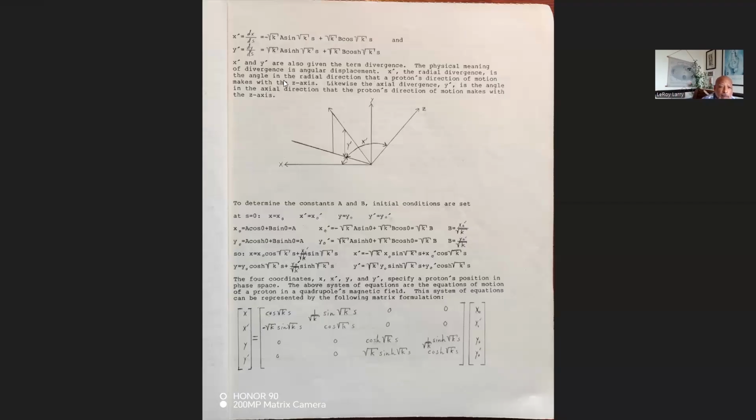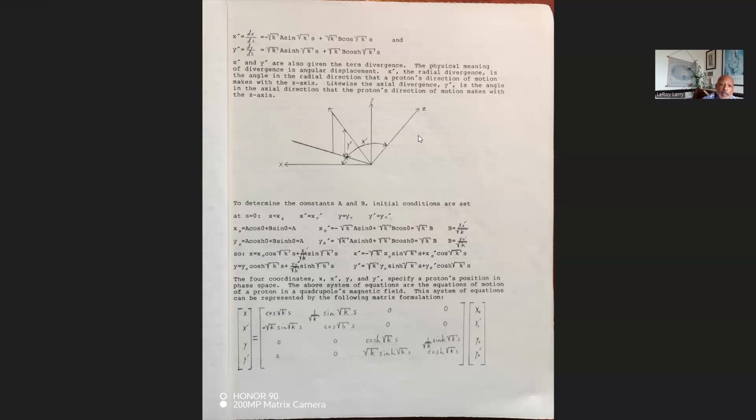This is a diagram I did to try to physically show what, in phase space, when you're talking about the position of the proton as it circulates around the booster synchrotron, in phase space, I tried to draw a representation of its position in the x-axis, the horizontal axis, the y-axis, the vertical axis, and the z-axis into the page, okay?